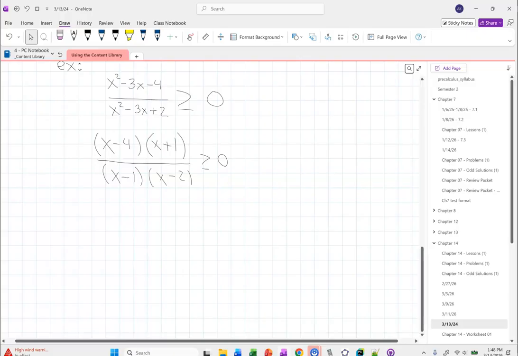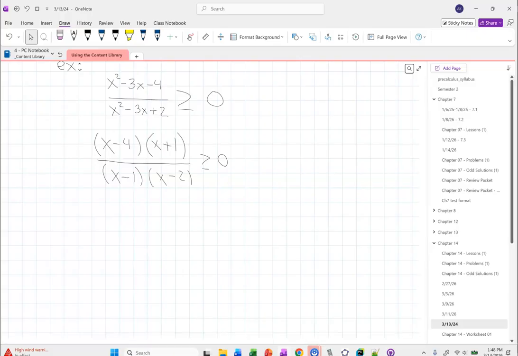So we've got it factored now. Everybody okay? I need to know where this is equal to 0, and then where this is undefined.